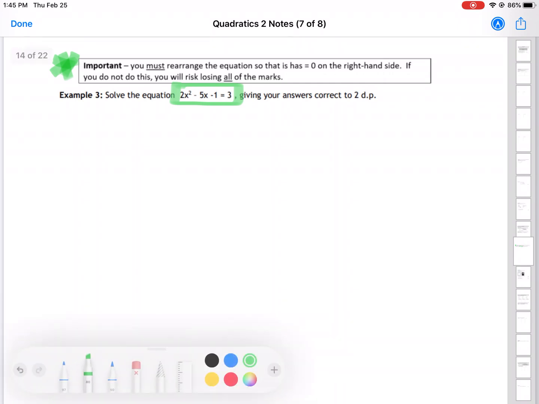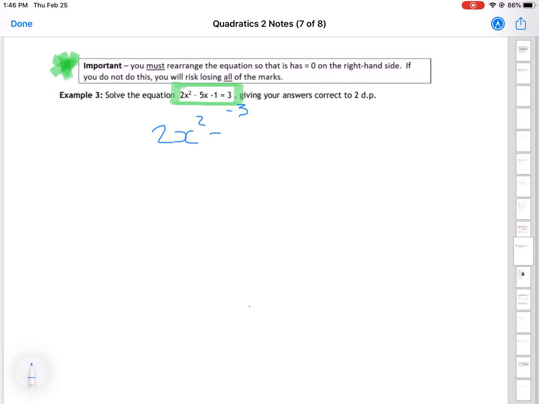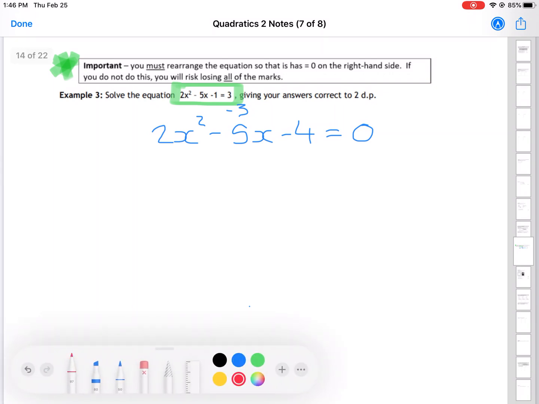Once we've done that, then we can apply the quadratic formula. So when I subtract 3 from both sides of this equation, I will get 2x squared minus 5x minus 4 equals 0. So that was minus 1, take away another 3 to move the 3 over to the left hand side, which gave me that expression.